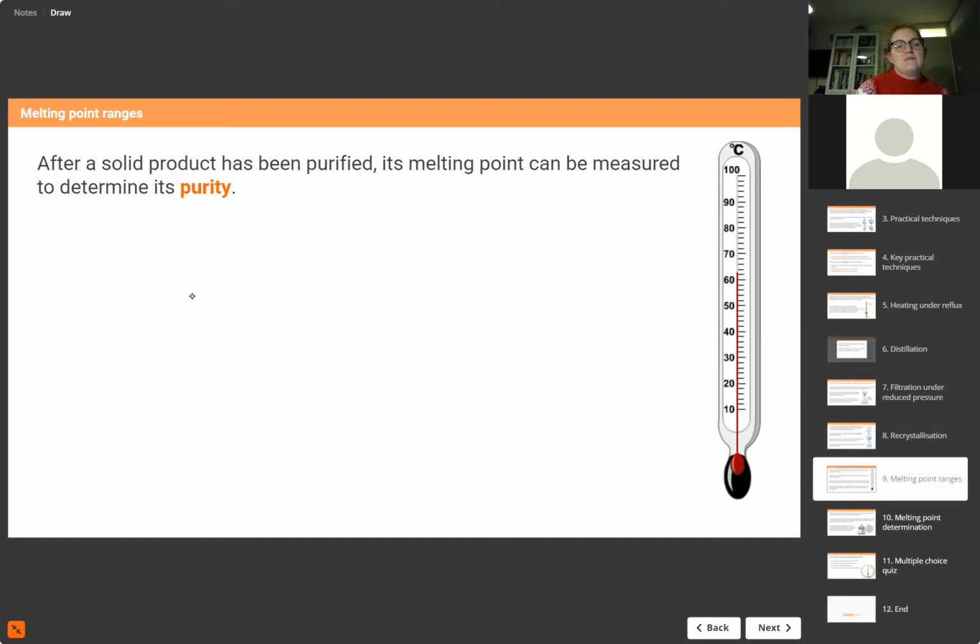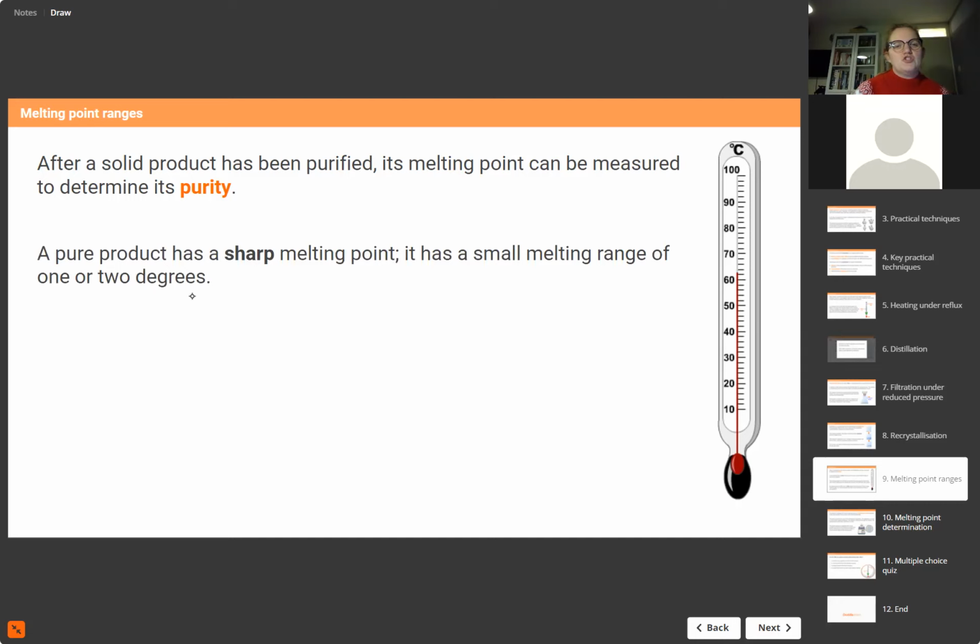So we'll have set boiling points, melting points for solids. The purer the solid product is, the closer it is to this set key melting point. Further away it is, either above or below, means that it's less pure. It's still got some of the other compounds with it.